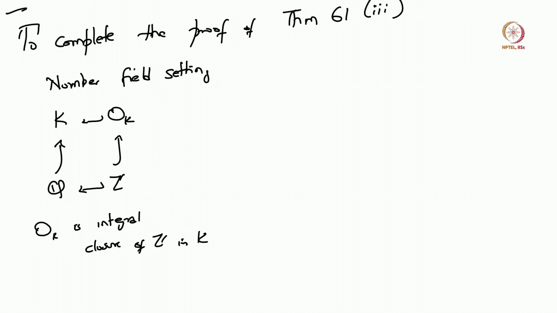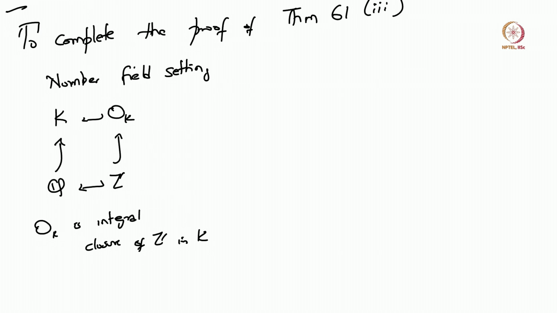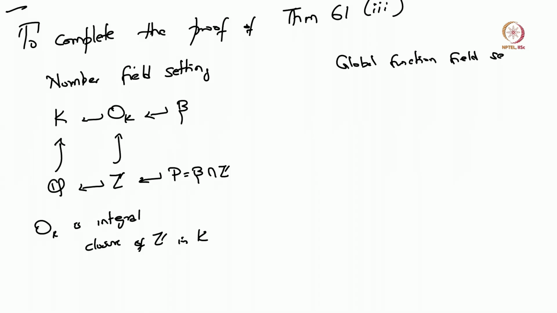In K, and so we have a prime ideal, let's say beta inside OK, and then we can look at the prime ideal below, which is beta intersect Z. And so you can do the same game in the global function field setting, where we have Fp brackets T, we have a finite separable extension.